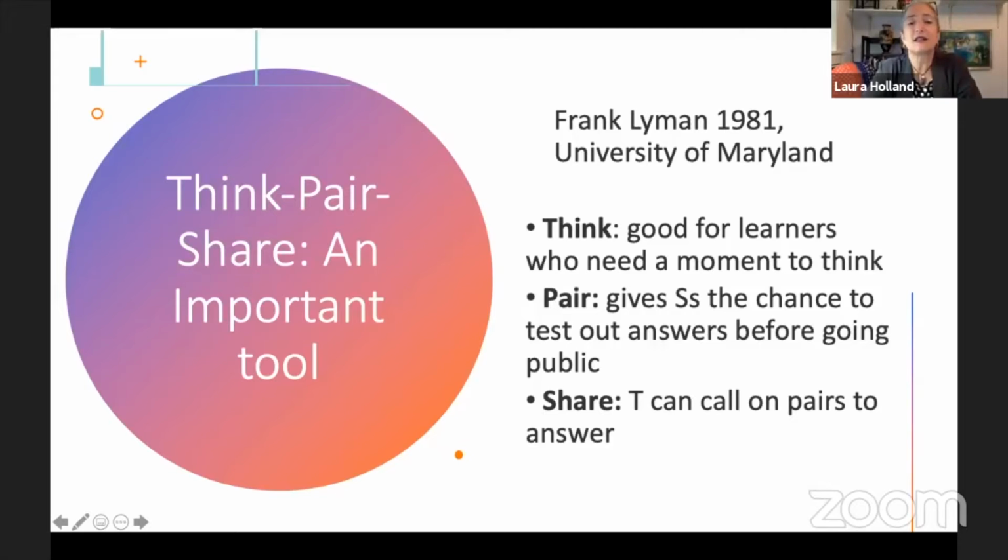So why is it good? Why is it such an important tool? It's really good for everybody who just needs a moment to think, right? As teachers, we forget in our wait time, right? We ask these questions and we expect our students to be answering them as quickly as we can. They need more time to think, most of them.